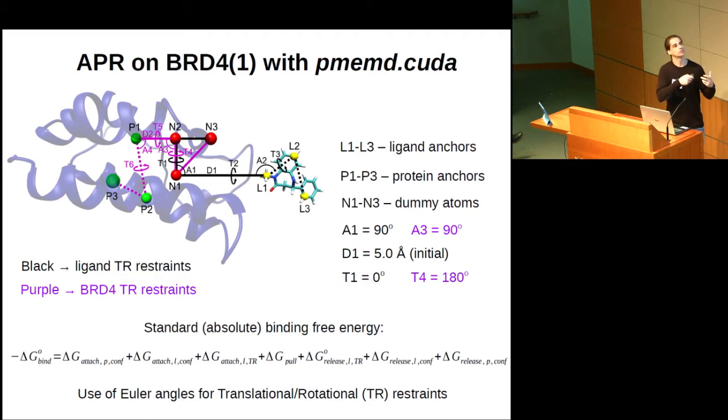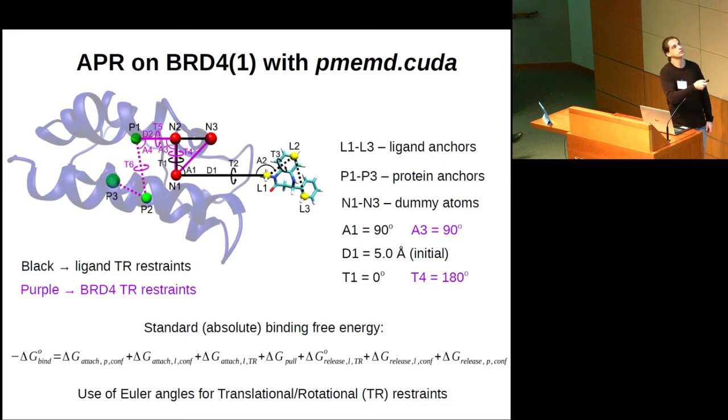Like I said, you want to restrain the conformational space, because if you have too large a conformational space, you're going to have sampling problems and you're going to need a lot of simulations. These three are dummy atoms, so they don't interact with the rest of the system, but they're needed to keep everything else in place. And like I said, PMEMD now has center of mass distance restraints, but not angles and dihedrals.